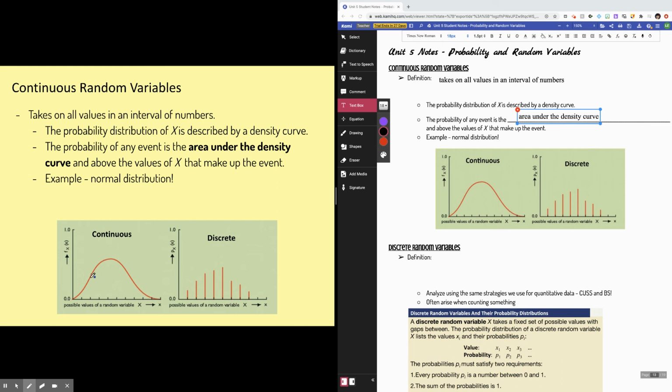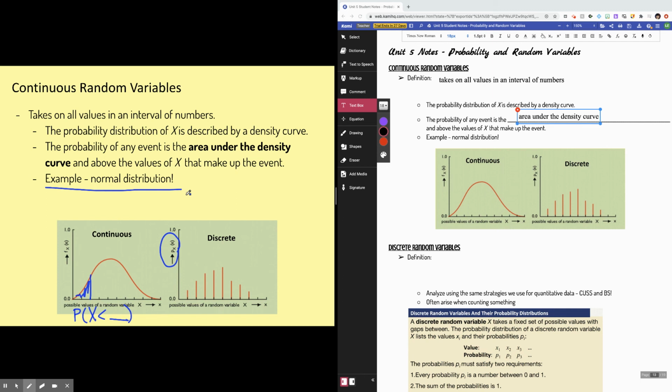So if my x value was here, for example, and I wanted to find the probability that x is less than whatever this number is, that probability would be this area right here. Remember, the x-axis is all the possible values of the variable, and the y-axis is the probability at those individual x values. So a perfect example of a continuous random variable is the normal distribution.